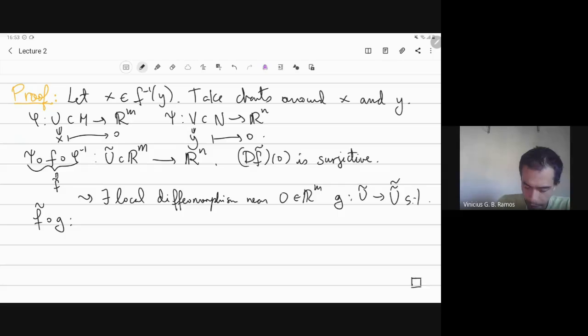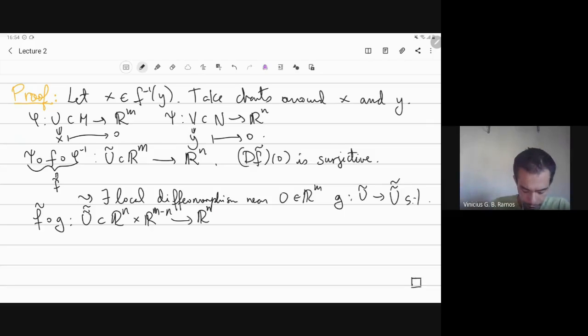this is now a map still from a subset of Rm to Rn, but I can assume that I can write Rm as Rn times Rm minus n into Rn.